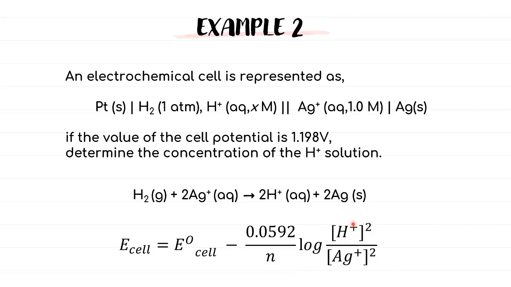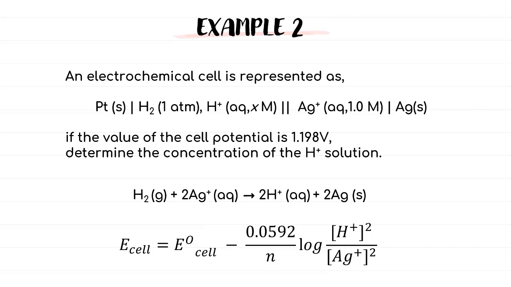This H plus is on top of the equations because this belongs to product. H plus is on our product side, while Ag plus is on our reactant side. Note that the power of concentrations here, the 2 on H plus and 2 on Ag plus, is determined from the coefficients in our net equation. So we have 2H plus, 2Ag plus, so they will become the power of these concentrations.